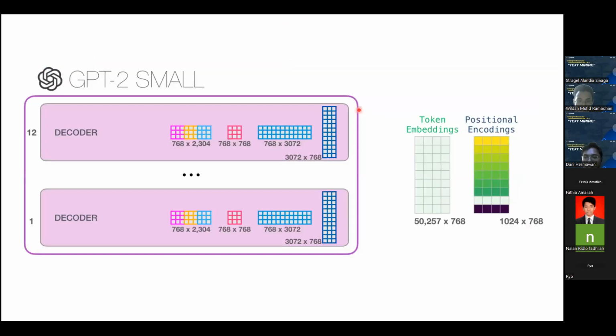Now we are going to count the number of parameters in GPT-2 small. Layer by layer, each layer has its own set of weight matrices. The entire model has only one global token embedding matrix and one positional encoding matrix.